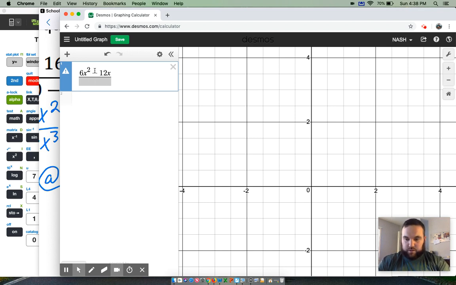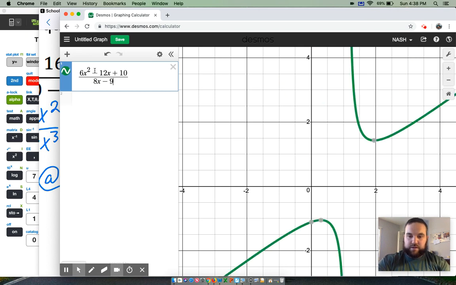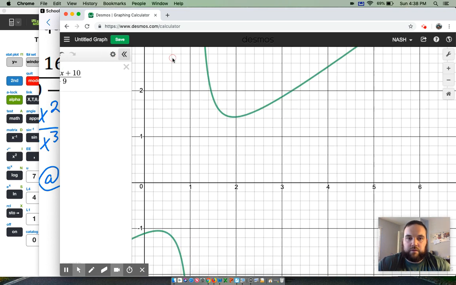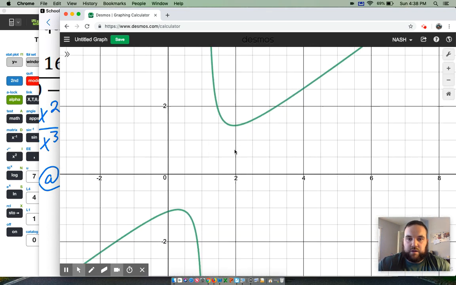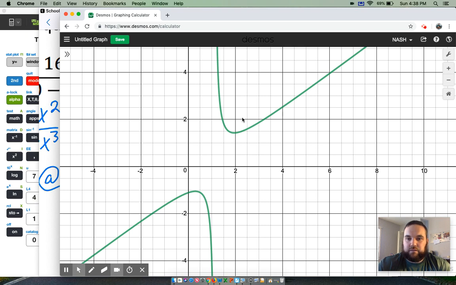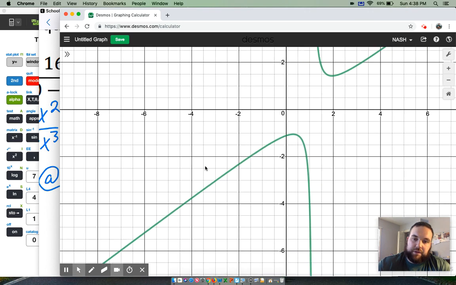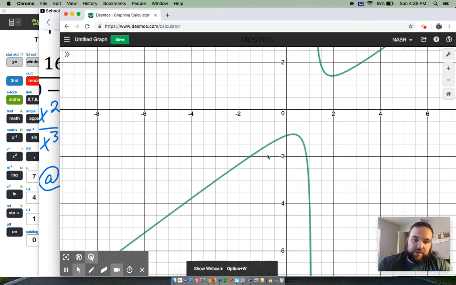Minus 12x plus 10 over 8x minus 9. We see that there is a vertical asymptote, but you see how the graph to the right here is not leveling off. It is slanting and going up at an angle, and the same thing is happening on the left side, going down and to the left.